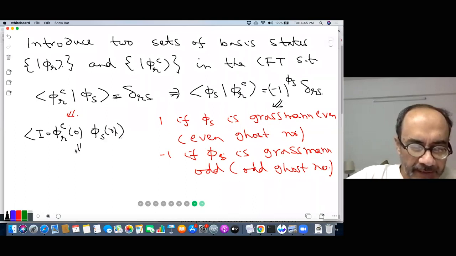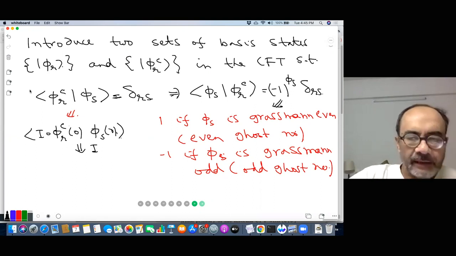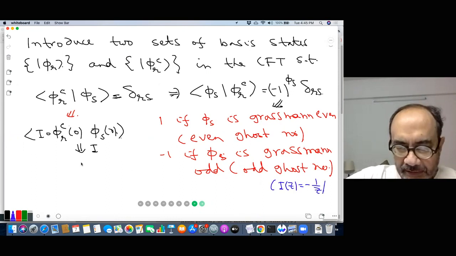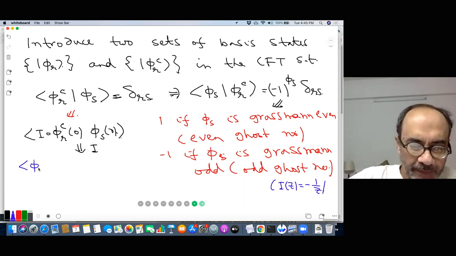Now we can make an SL2C transformation by I. I is minus 1 over Z, right? So let me remind you, I of Z is minus 1 over Z. So I can make an SL2C transformation by I. So this becomes phi rc of 0, I dot phi s of 0.